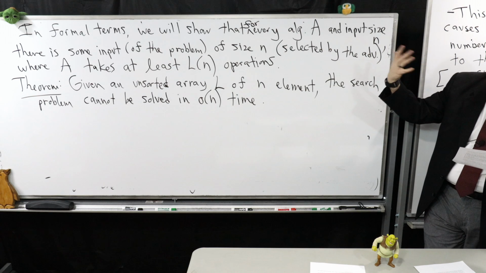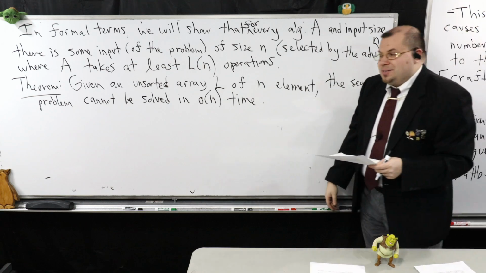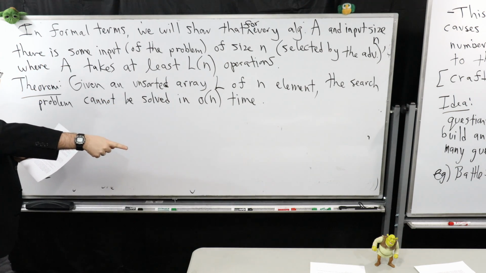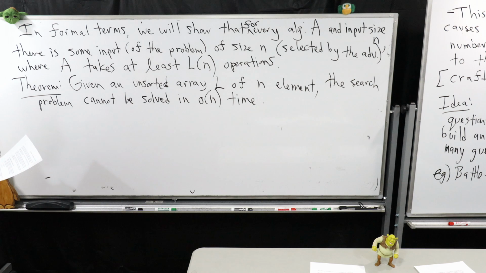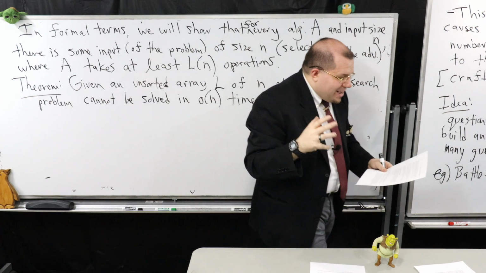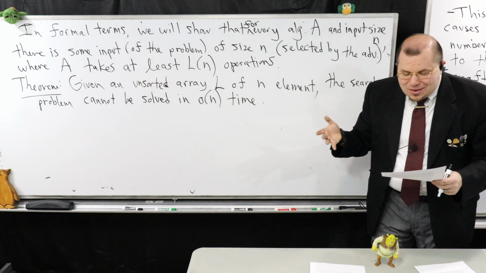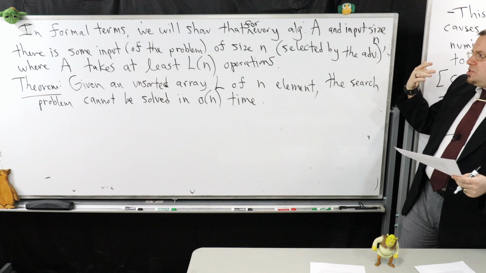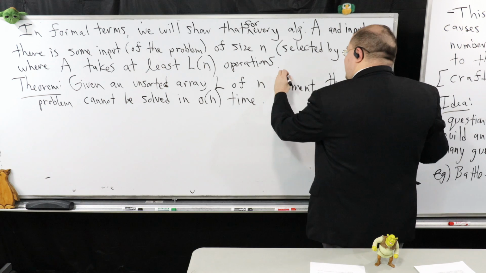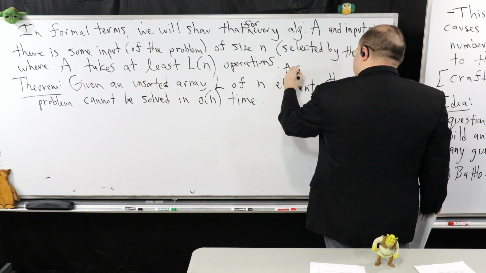So let's walk through how we do this. I want to give you the idea. Just think of that suspicious character over there. I don't know what they're going to do. My point is that I give you some algorithm. And what does the search problem do? These are the only assumptions I'm going to make.